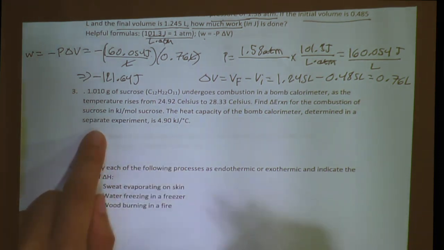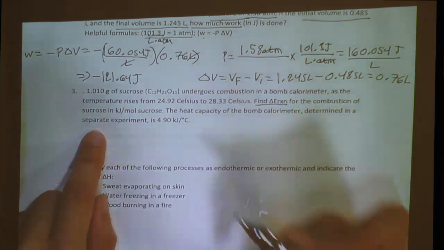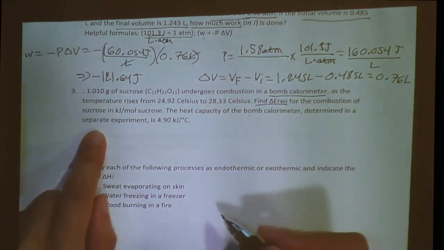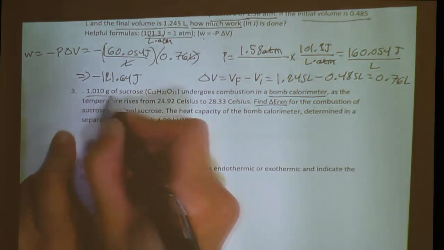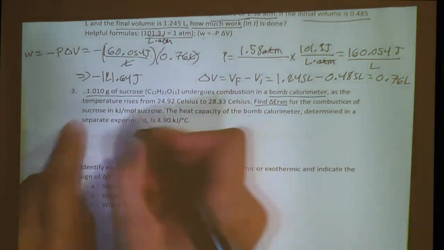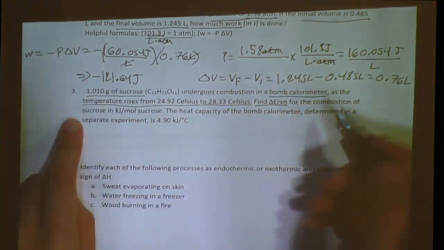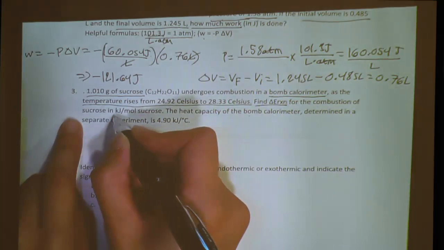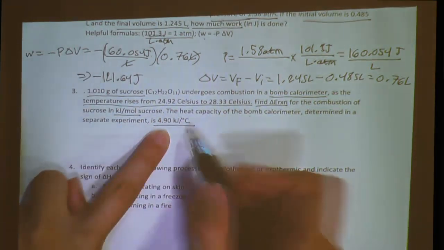So again, what are our key words here? We're asked to find change in energy of reaction, right? And they tell us this is a bomb calorimeter. So I'm just going to underline what we need. We have this much sucrose, and our temperature rises from this to that. They also want us to put our answer in kilojoules per mole, and they give us this heat capacity.